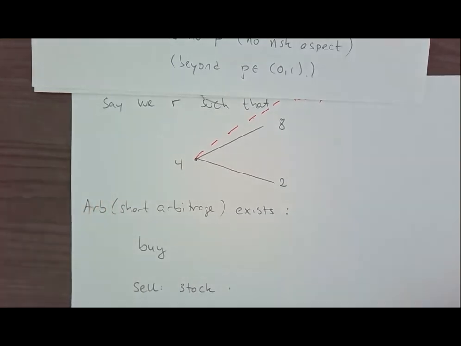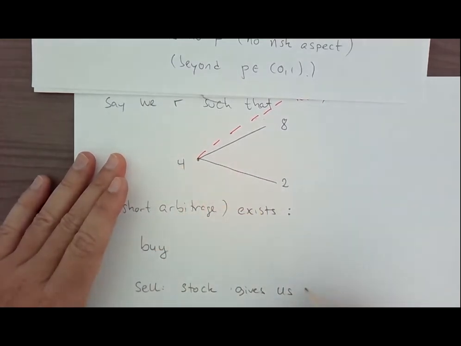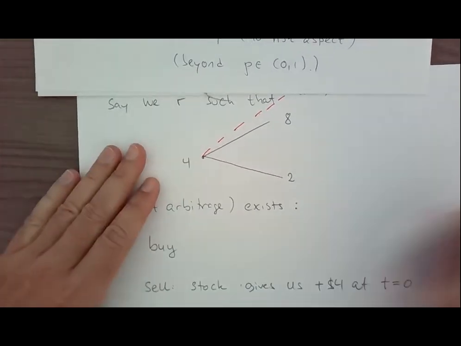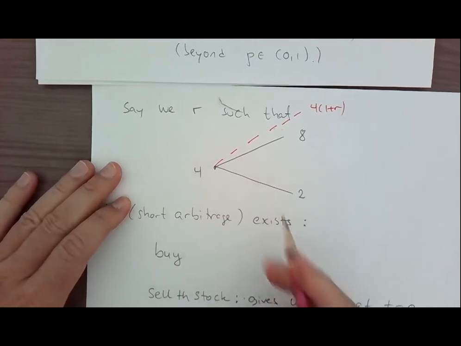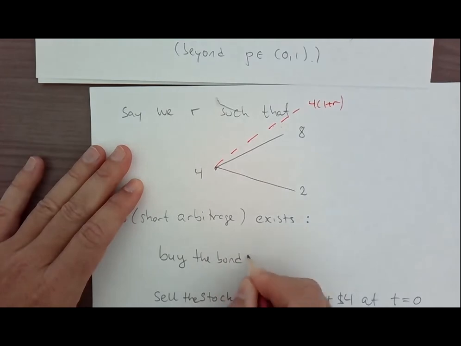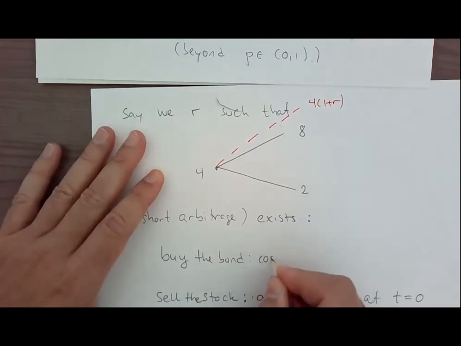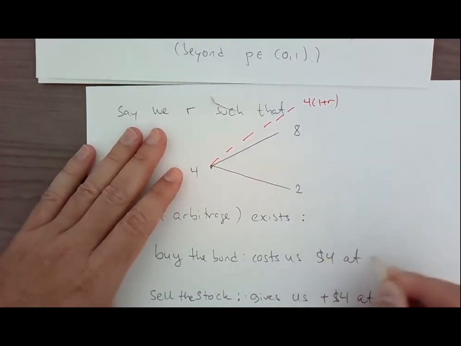Sell the stock. This gives us $4 at time 0. So we sold the stock, that gives us the $4. And then we're going to buy the bond. This is going to cost us $4 at time 0, right?